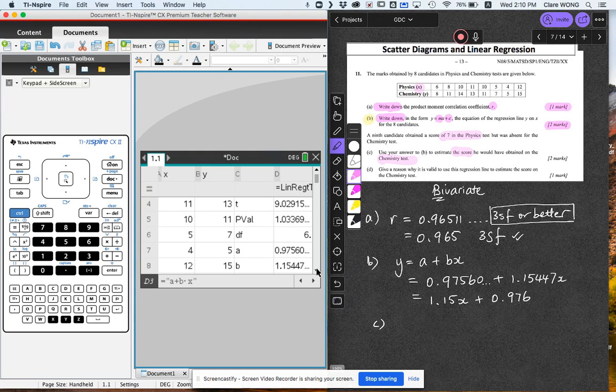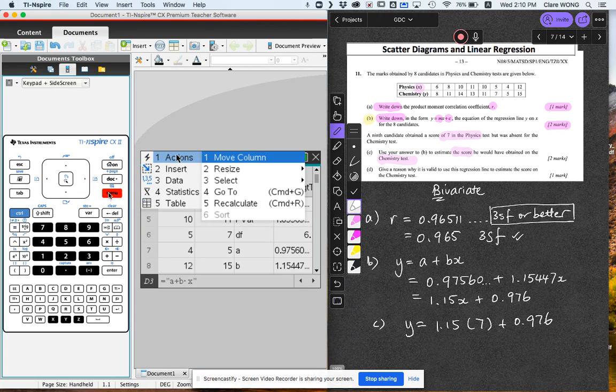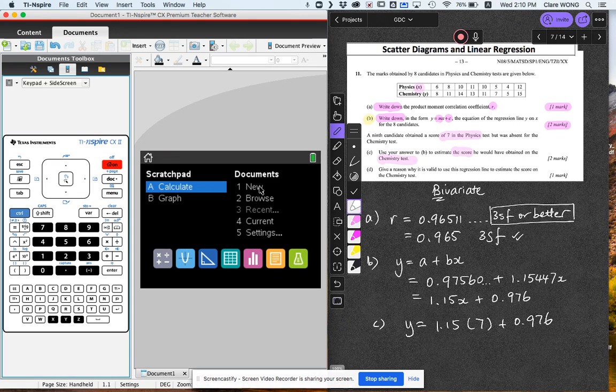So we substitute x in. Now you have two options here. You can just directly do y equals 1.15 times the 7. Then evaluate it out.